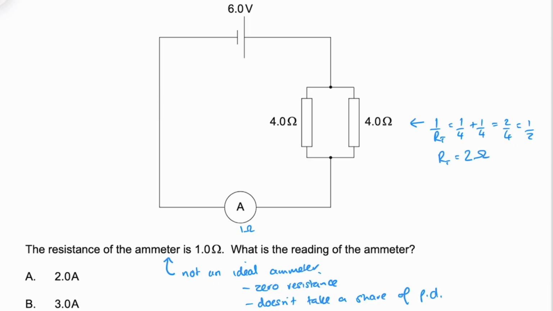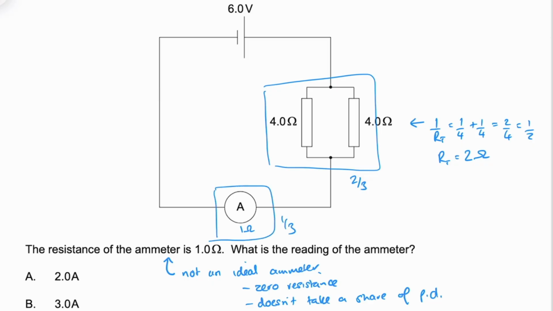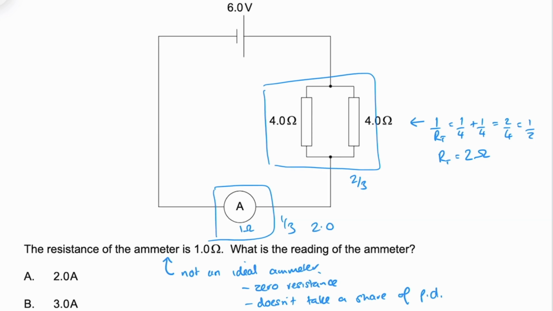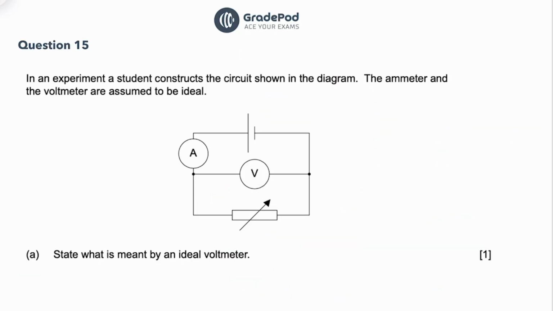That means that this structure here takes 2/3 of the share of the voltage, and the ammeter takes 1/3 of the share of the voltage. So the ammeter gets 2 volts. What does that tell us about the reading of the ammeter? Well, I is equal to V over R. 2 divided by 1 gives us 2 amps. The answer is A.